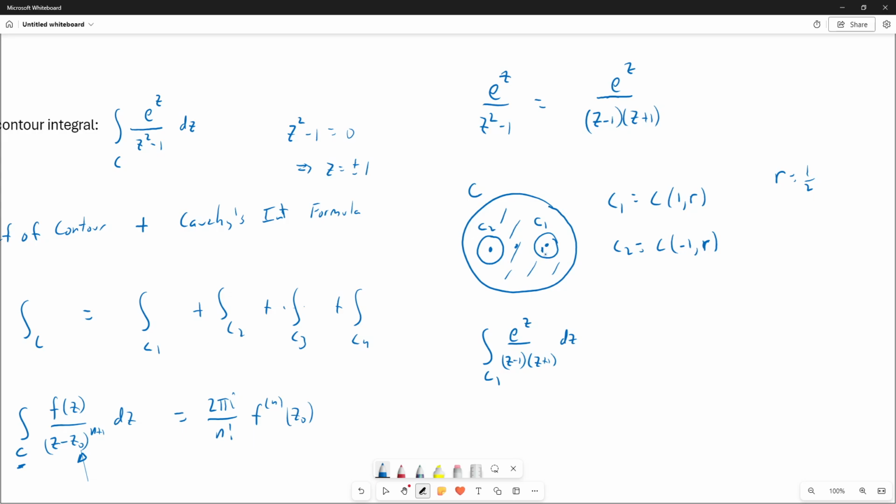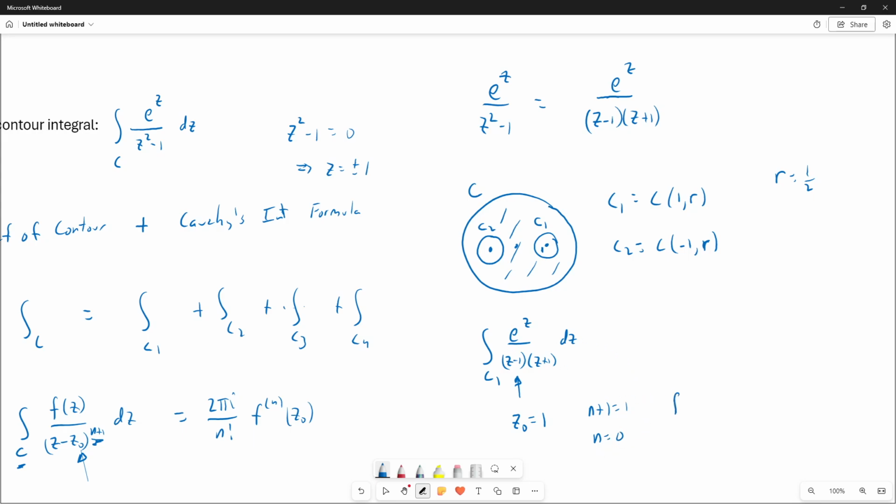So 1 is inside of the simple closed curve. So this is going to be our z minus z0. So z0 is 1. Then the power on this factor is 1, and in the formula it's n plus 1. So n plus 1 is 1, so n is 0.